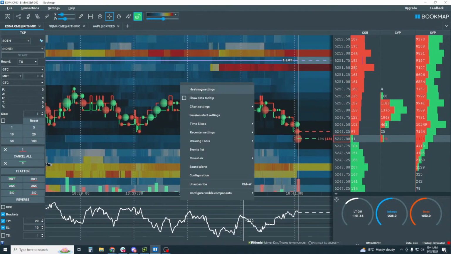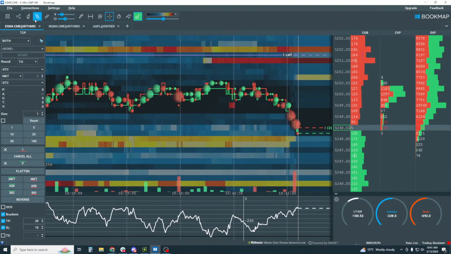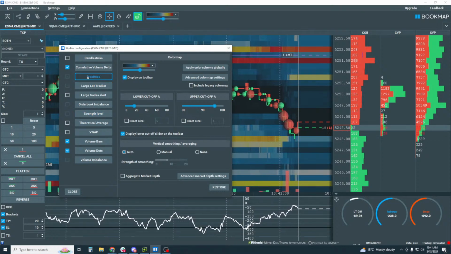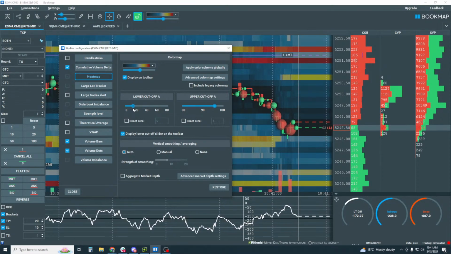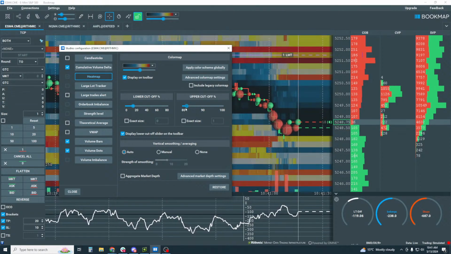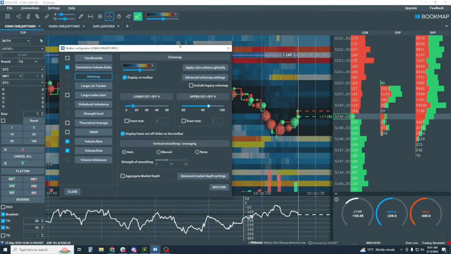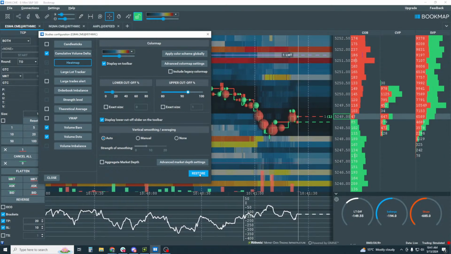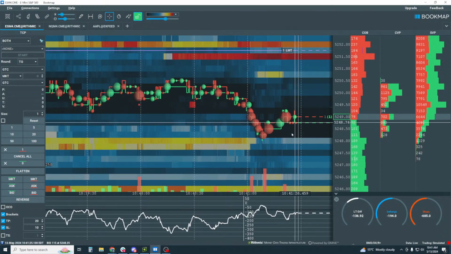Well, we can right click on the heat map and go to settings, or we can go up here to studies configuration and heat map, and then we can filter our heat map and make it starker or brighter to understand some of the details in the liquidity map. I usually keep it on the default by hitting restore here.